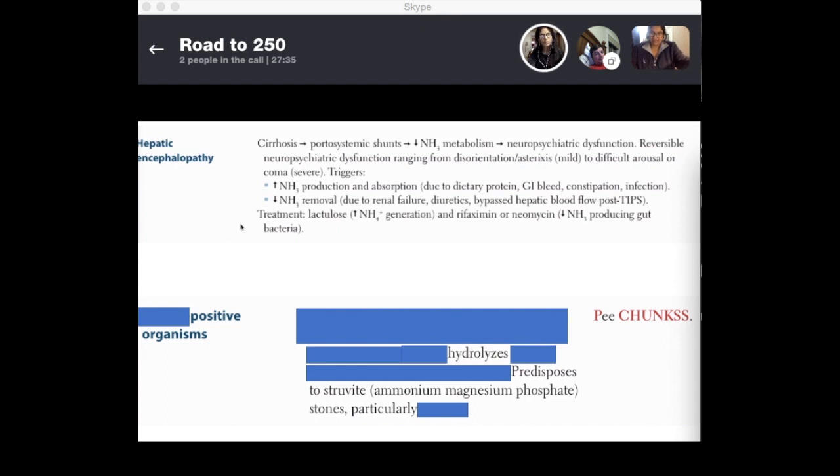Oh, urease. Yes. Positive. Okay. So these are our urease positive organisms, and you already mentioned one of them being Ureaplasma. Can you guys name the other ones? H. pylori. H. pylori, Serratia, Proteus. Proteus is one.